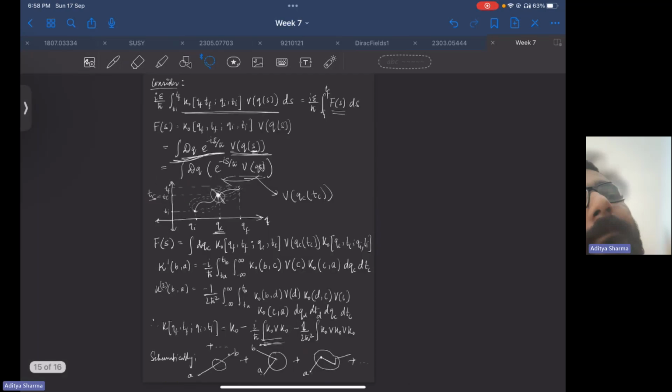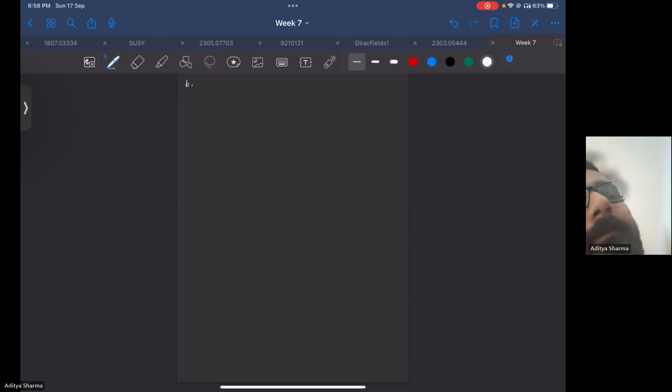And we'll see it. And now we're going to do something on the simple harmonic oscillator. We're going to relate it with the V which we have done.